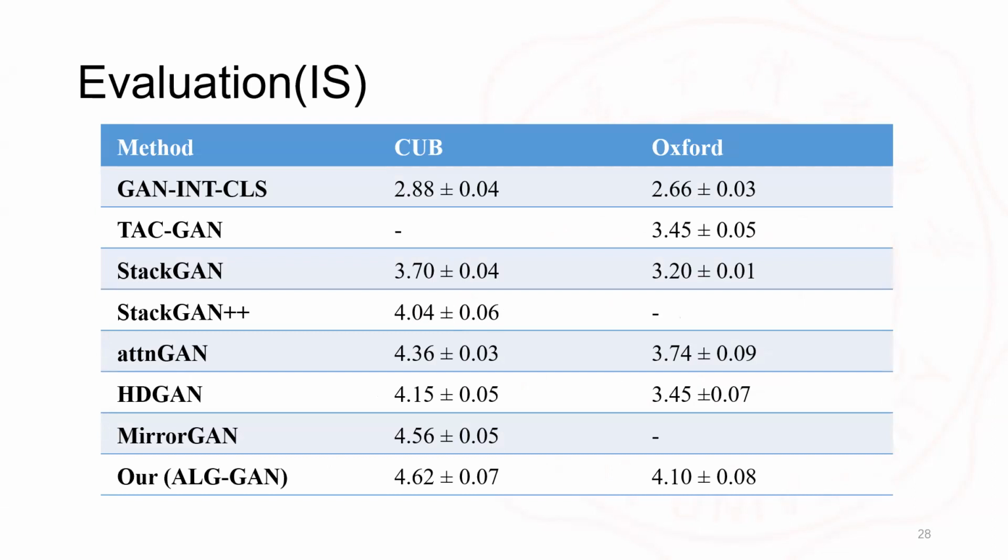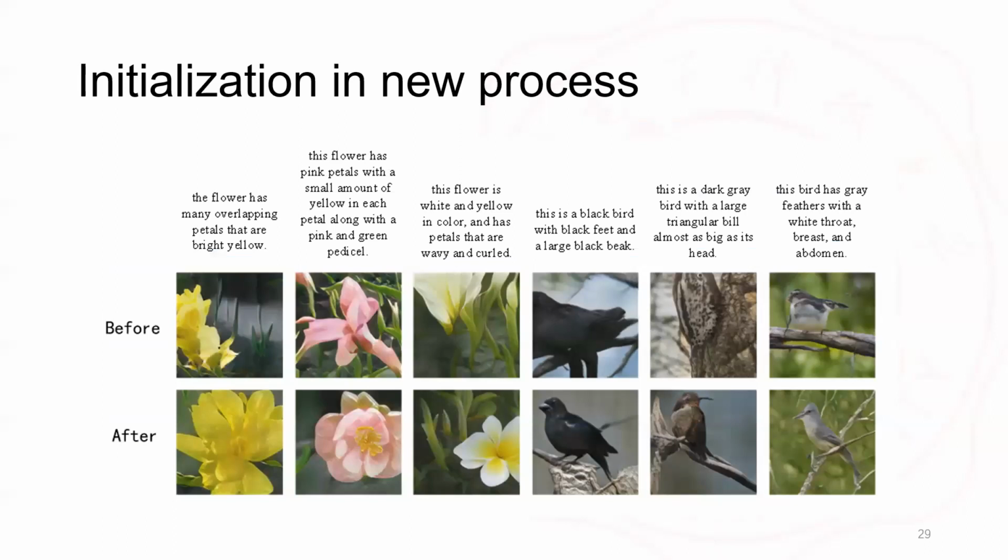Then we discussed the effectiveness of the new generating process. We compare the images before and after the drifting mechanism. It can be said that the image quality after the drifting mechanism is much better than before.